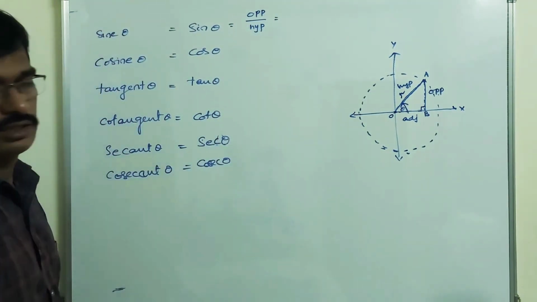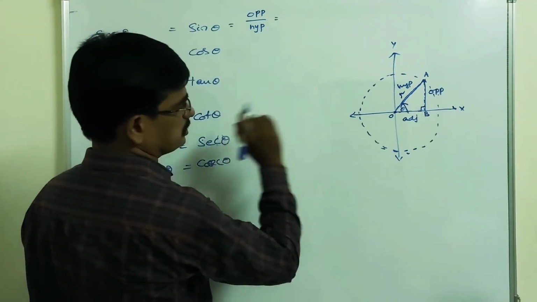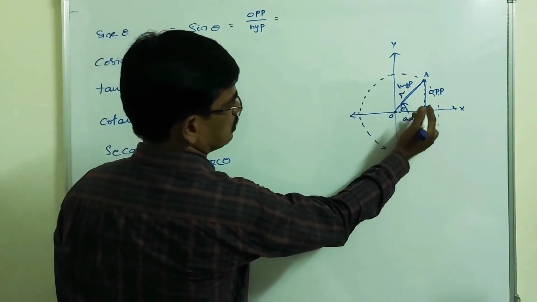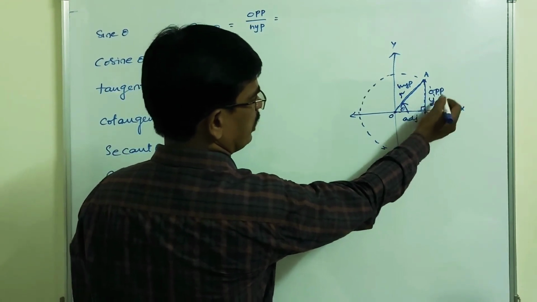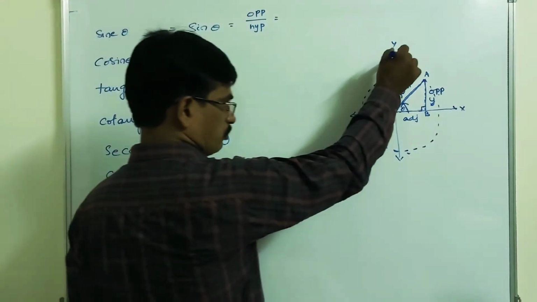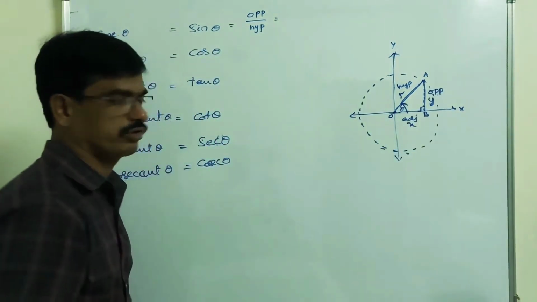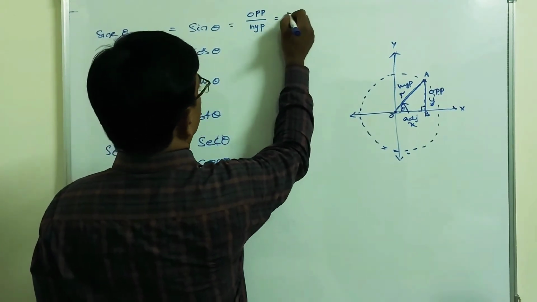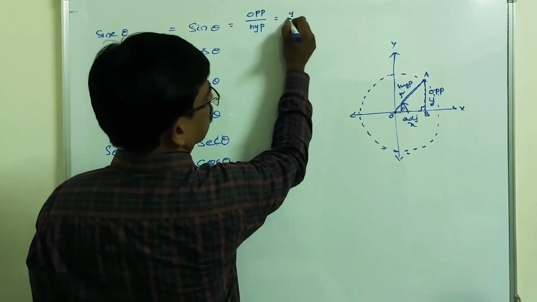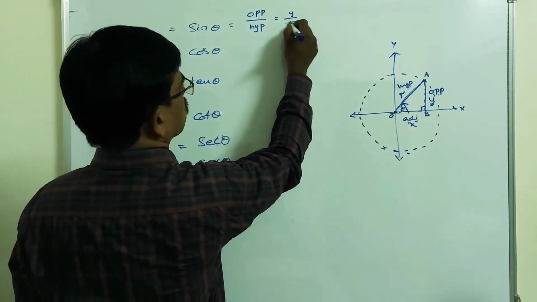Opposite side here is the vertical distance, that is y. Vertical length is y, horizontal length is x. So the opposite side is y, hypotenuse is r. That is, sin theta is y by r.